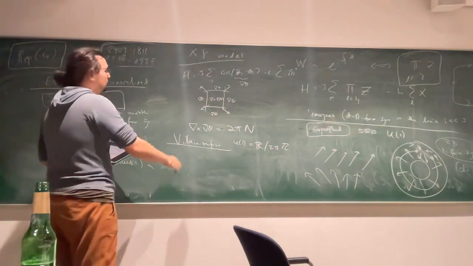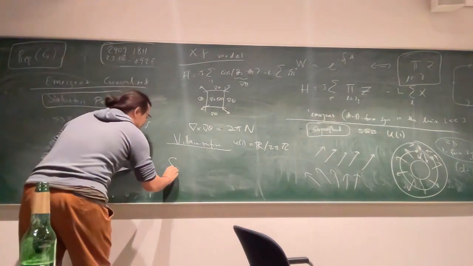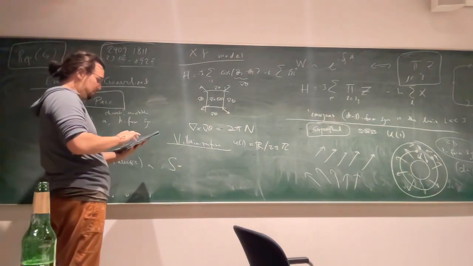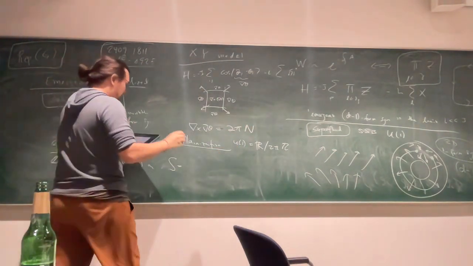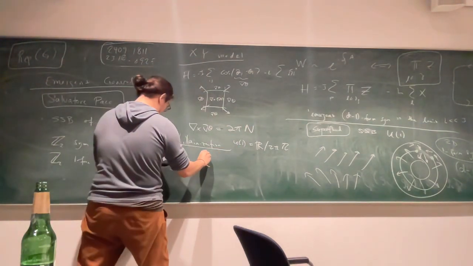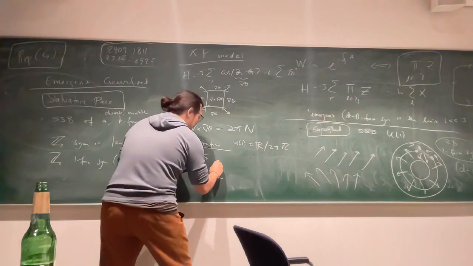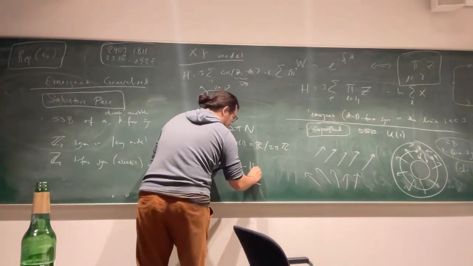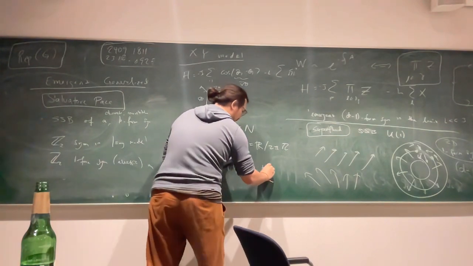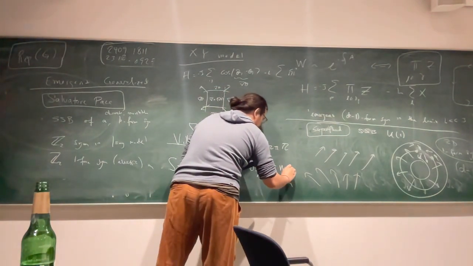And so here I wrote a Hamiltonian. I'm just going to write an action for simplicity, just because then I don't have to worry about these terms. And so the action that I'm going to write is minus J, sum over links, cosine of phi_i minus phi_j plus 2 pi m_ij.